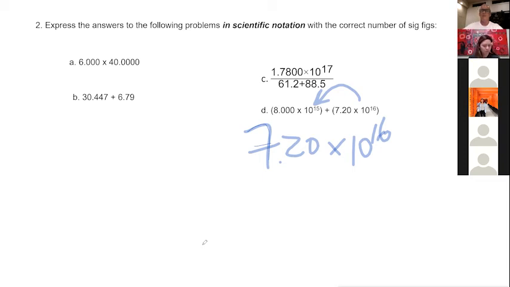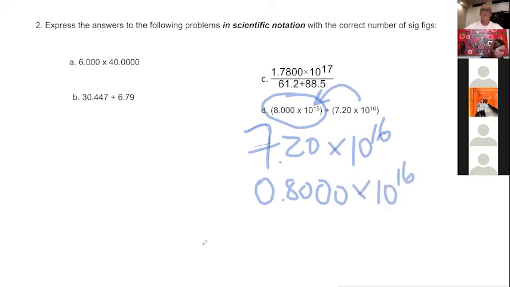So 7.20, if I change everything to the 16th, then this becomes 0.8000 times 10 to the 16th. Because if you divide this side by 10, you need to multiply this side by 10. So that becomes 0.8000 times 10 to the 16th.